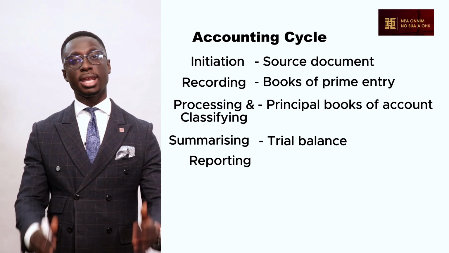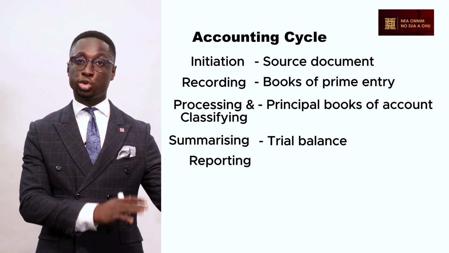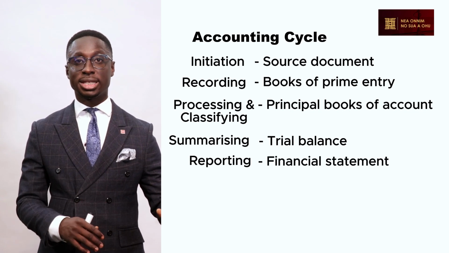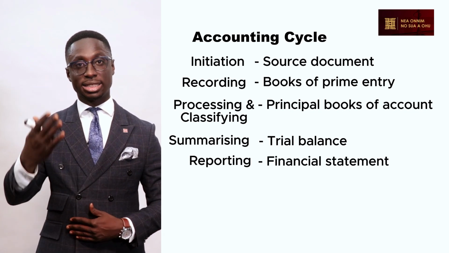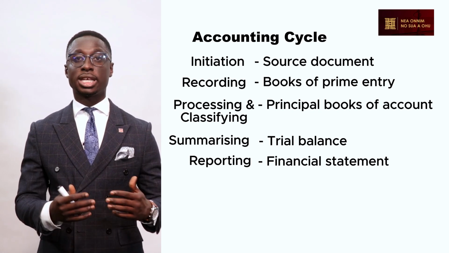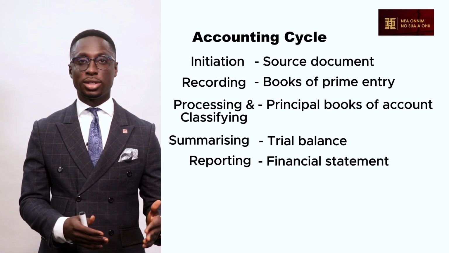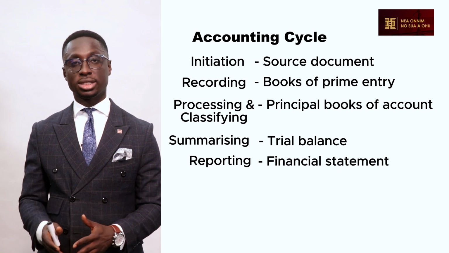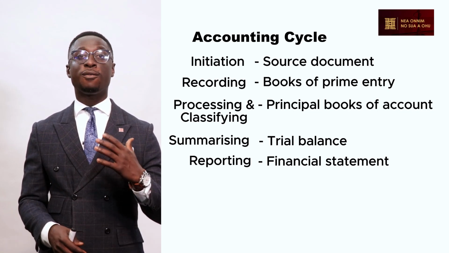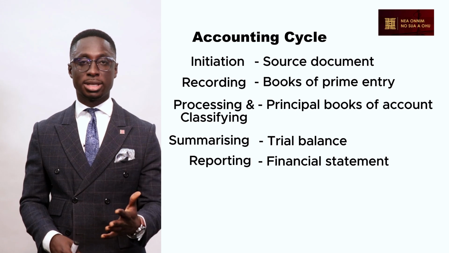So now the very final step is reporting. And from our previous 2 episodes, we spoke about the financial statements and how they are presented. And we learned that according to Section 127 of Act 992, which is the Companies Act of 2019, there are 4 main statements.